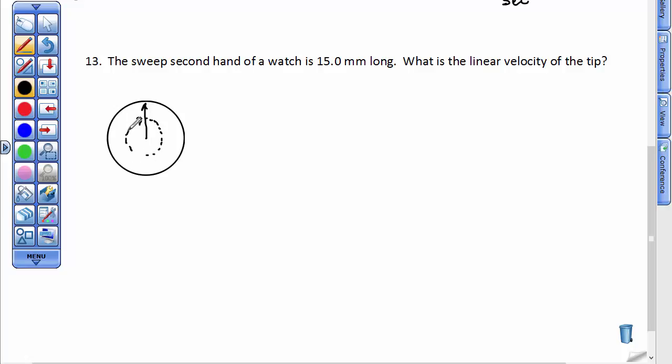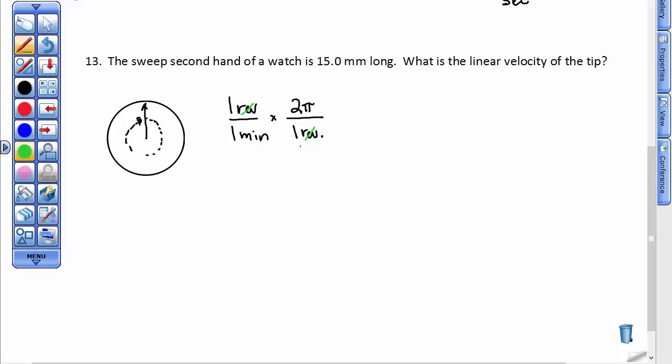There are 60 seconds in a minute. So there's 1 revolution in any 1 minute for that sweep second hand. I'm going to show you by the factor label method that in any 1 revolution, there is 2 pi radians.